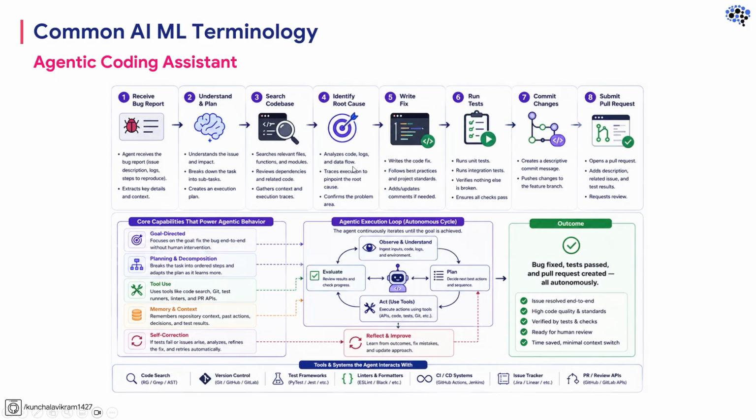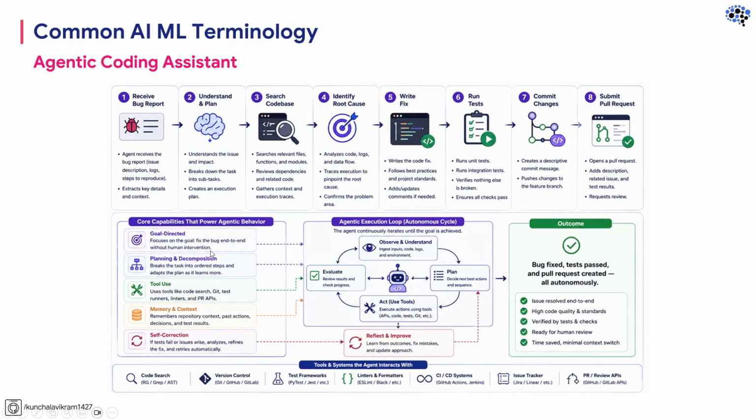Then it can write the fix, run the test cases, commit changes, and submit a pull request. And it does this until a very specific goal is achieved. It doesn't stop here. Even before submitting a pull request and committing changes, it may run the test cases and again find issues, and again it will go through the whole process.